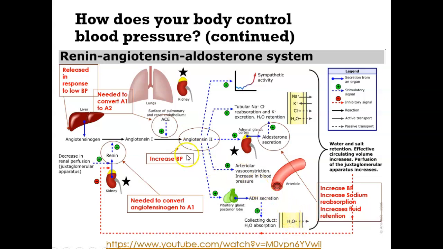So you can see there's all these different areas from different systems that can affect blood pressure. They call this whole system RAAS, the renin-angiotensin-aldosterone system. The activation of this system is primarily governed by the kidneys, and it's the most influential system in regulating blood pressure.